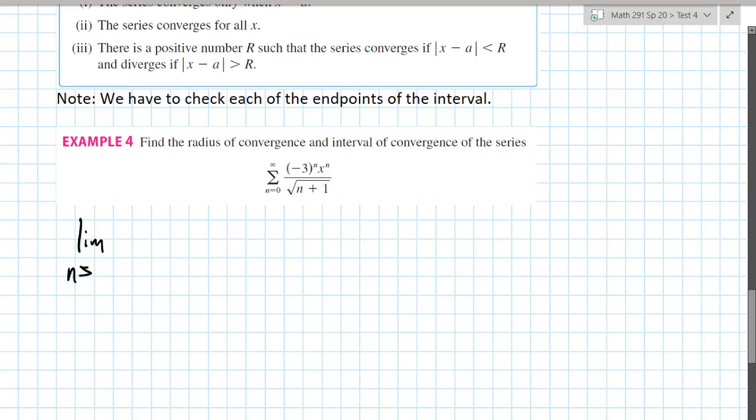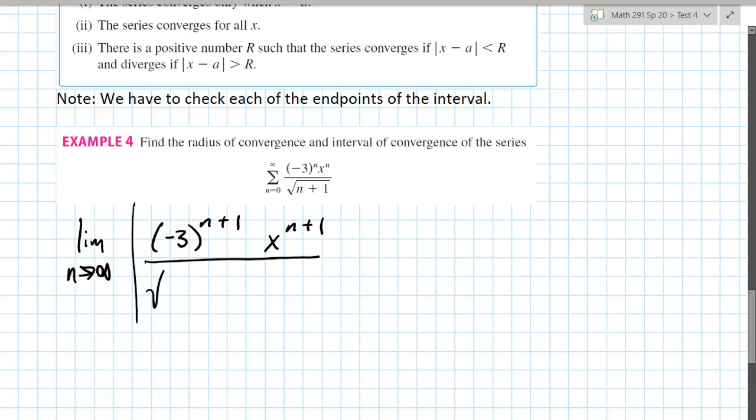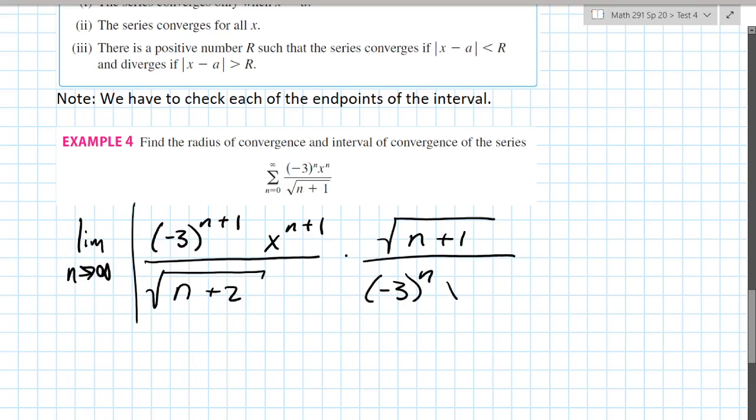We've got the limit, we've got the absolute value, we've got -3 to the n plus 1, x to the n plus 1 over the square root of n plus 1 plus 1, or n plus 2, times the square root of n plus 1 over -3 to the n, x to the n.